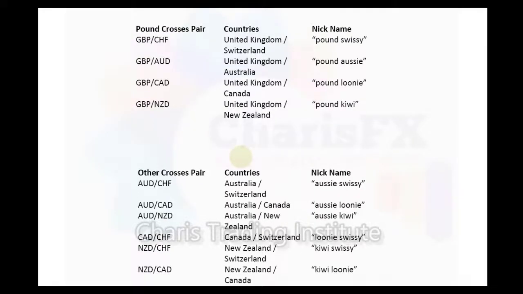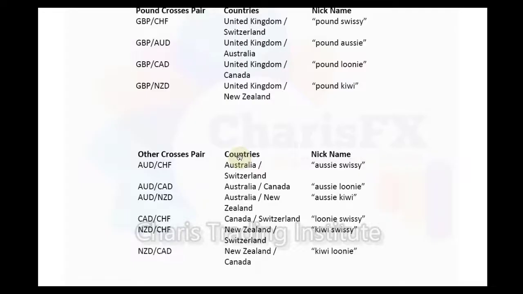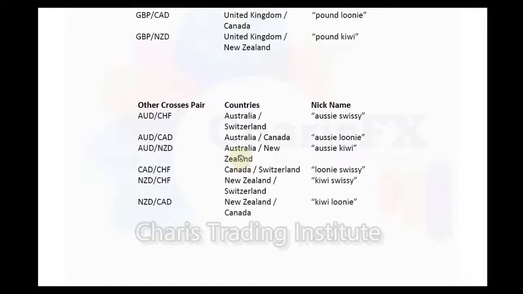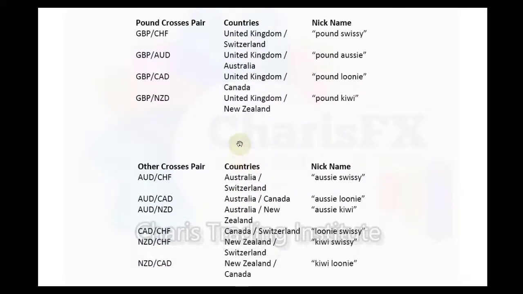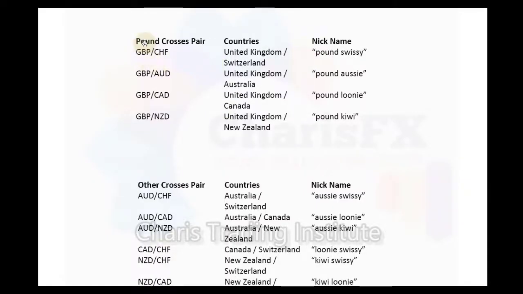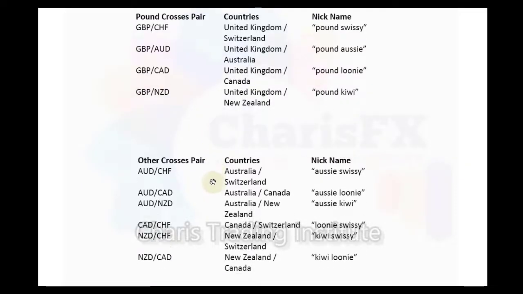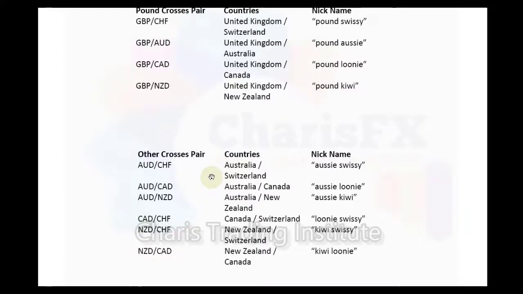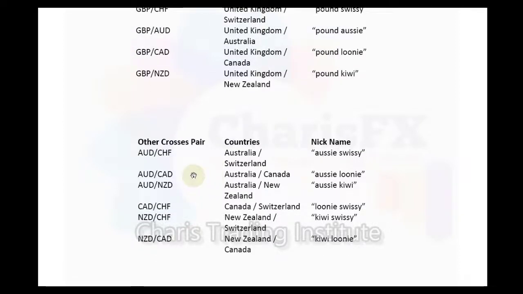Then the last are the currencies that are a derivative of the GBP, and then we can see the pound crosses. They are GBP CHF, GBP AUD, GBP CAD, and GBP NZD. These also are crosses or minor currencies. Okay, and the last are other cross currencies or cross pairs, other crosses.